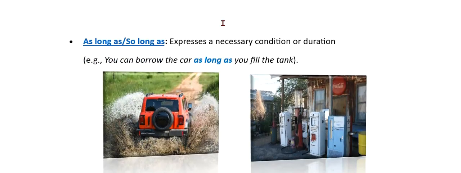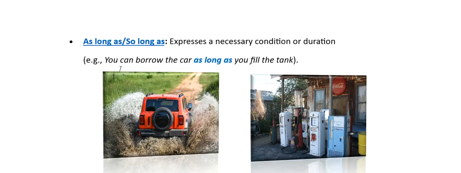So, the next conjunction or connector is as long as or so long as. As long as and so long as express a necessary condition or duration. So it can refer to a condition or duration.